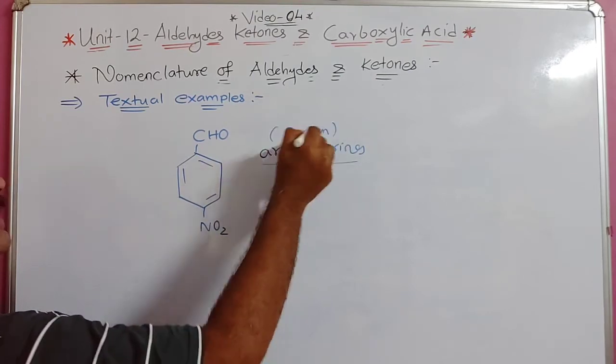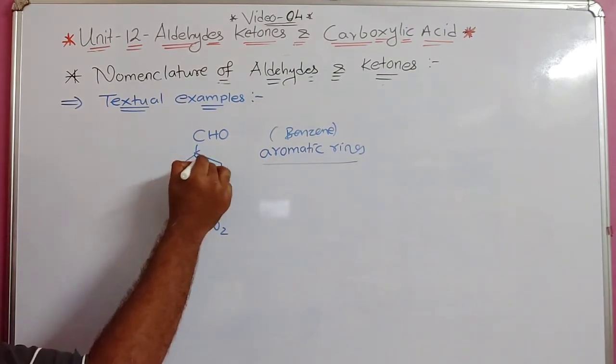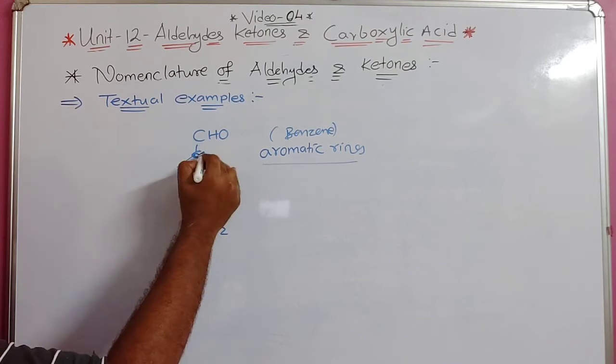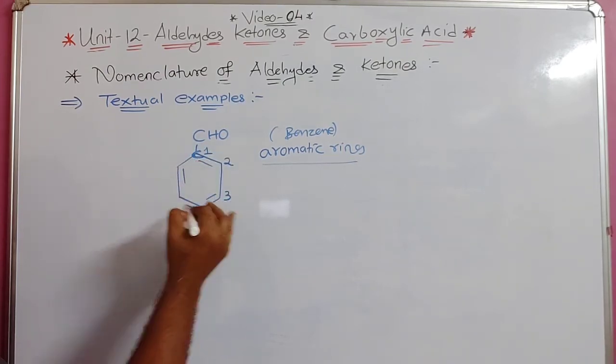Understood? So when this aldehyde is attached to benzene, always remember that the carbon bearing this carbonyl group is always given number 1, this is 2, this is 3 and this is 4.